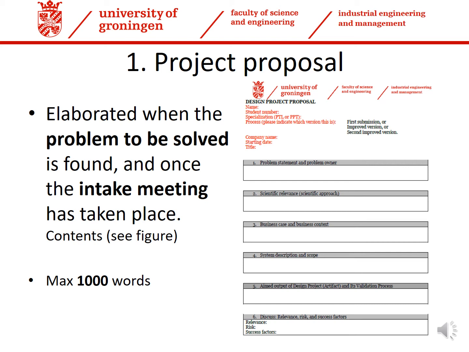This scientific approach in the second part of the proposal is key for us to see that you are working on a relevant field, and that it is not only about solving a practical problem, but about trying to extend the body of knowledge, and it should be highly connected to the problem description.